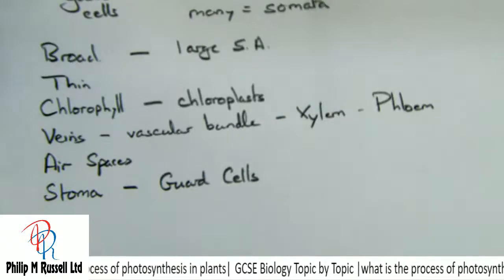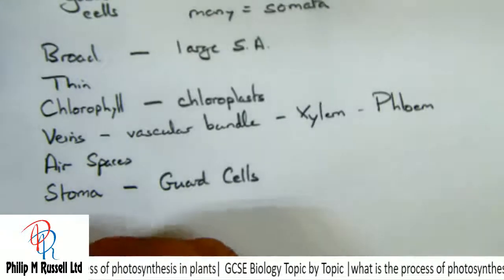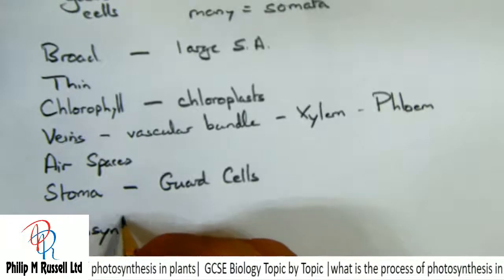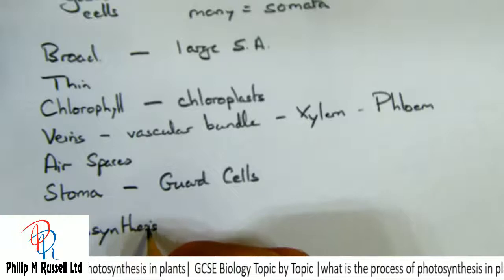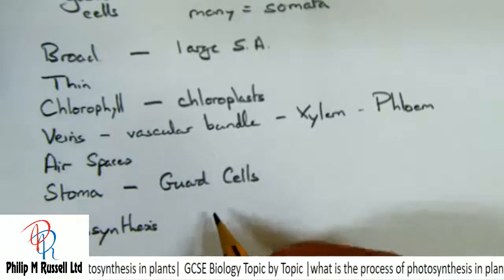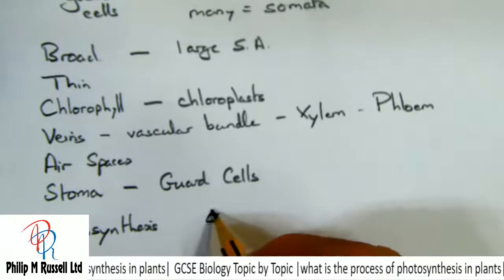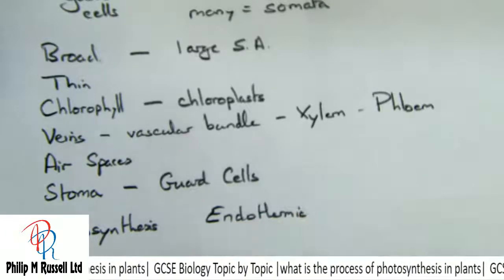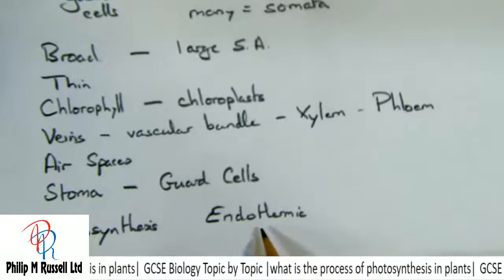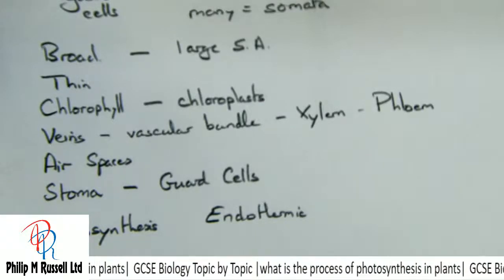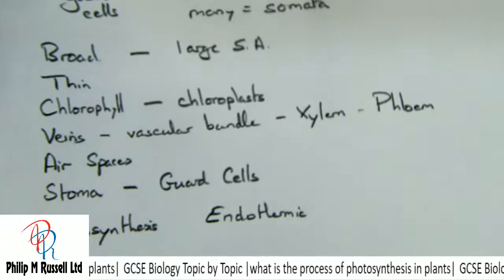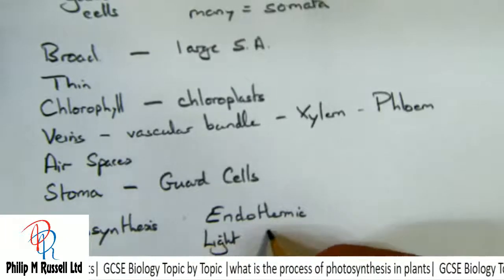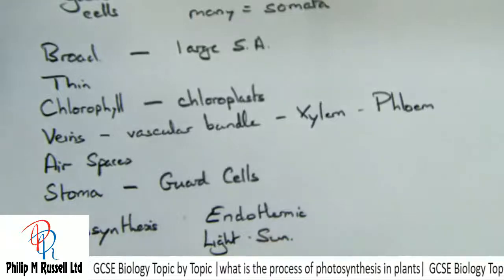So we can know a few other things, and from chemistry we can work out that photosynthesis is an endothermic reaction. It takes in energy, and in this case it takes in energy in the form of light from the sun.